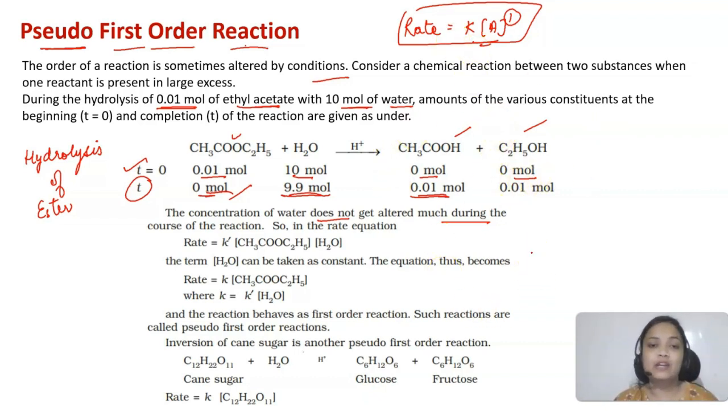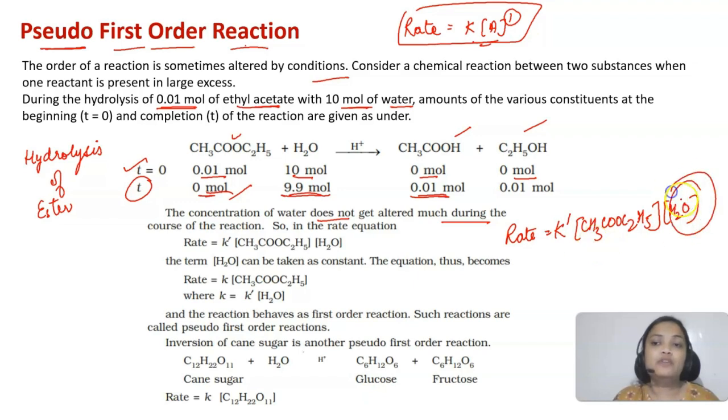So the rate equation will be like K dash, okay, CH3COOC2H5. This is the concentration of the ester and the concentration of the other reactant also. But you know that if the concentration of water is not changing with time, you can take it to be constant.